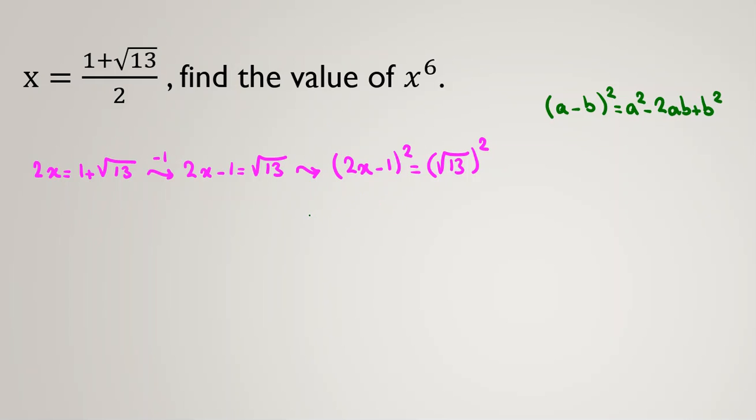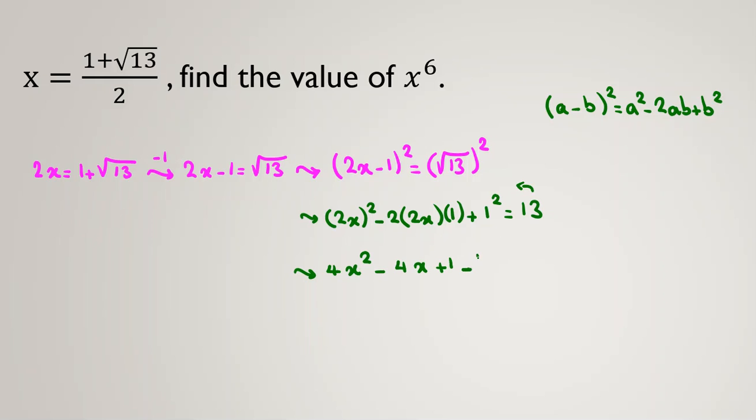So the left-hand side will be (2x) squared minus 2 times 2x times 1 plus 1 squared equal to 13. (2x) squared equal to 4x squared, minus 4x plus 1. And if you take 13 to the left-hand side, it will be negative 13 equal to 0.